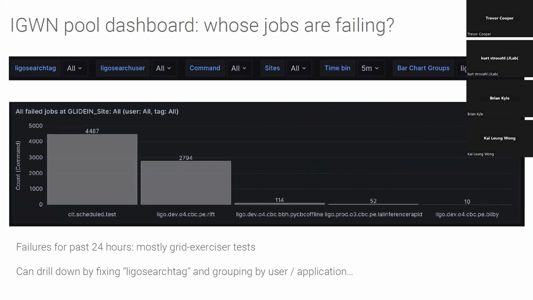So for example, if I see a high rate of failure for, say, the Rift accounting tag there, the next thing I would do is start filtering down on the user and the application that's actually failing, which I can do by just reprojecting that data in a different bar chart or pie chart if you prefer. And then, of course, I can filter on site as well, if there's one particular site that this person's Rift application jobs are failing at.